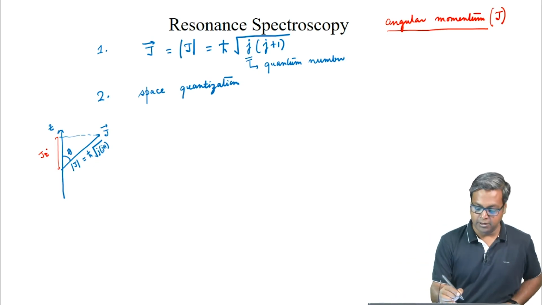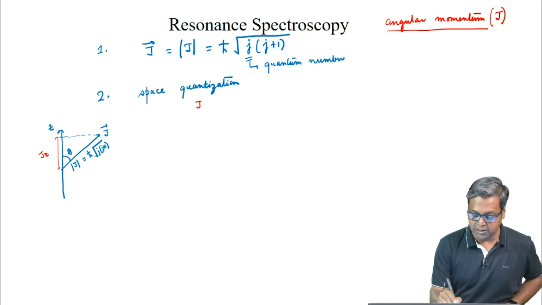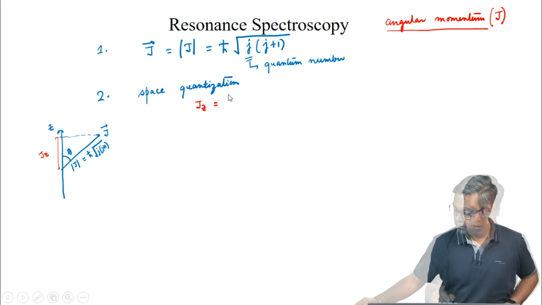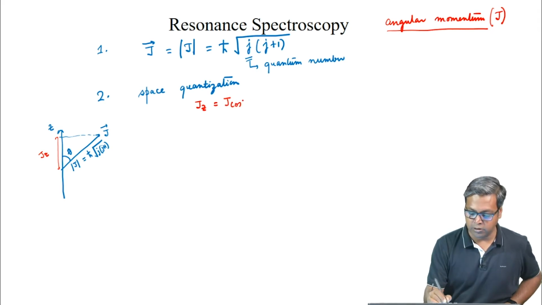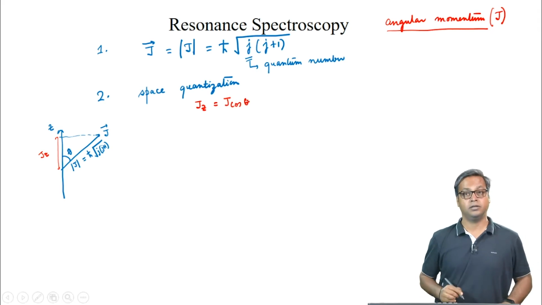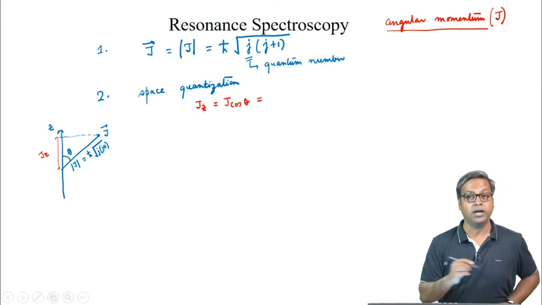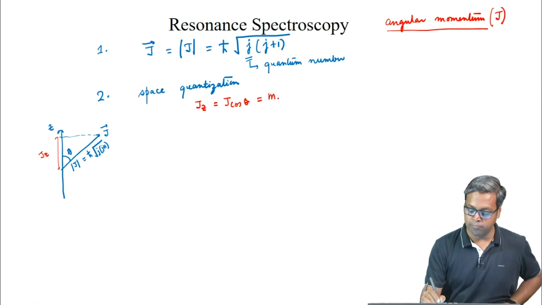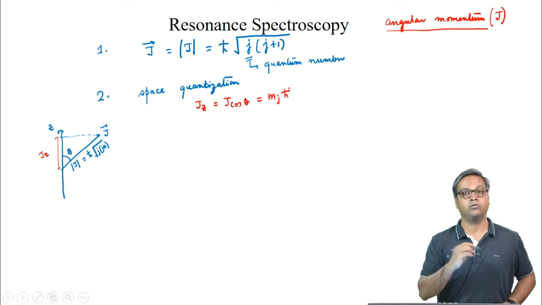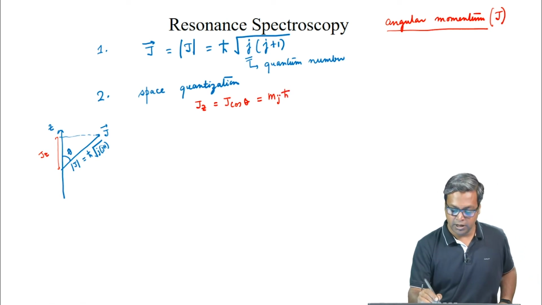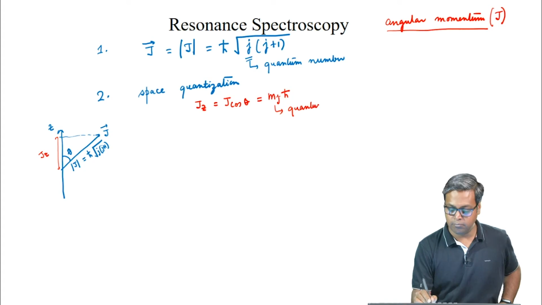So, we can write j z equals j cos theta, and because it is quantized, it is m j times h cross. This m j is a quantum number.